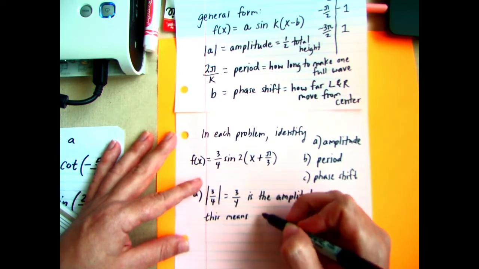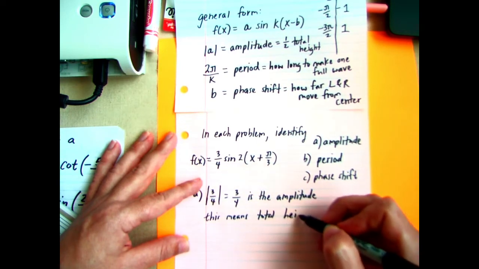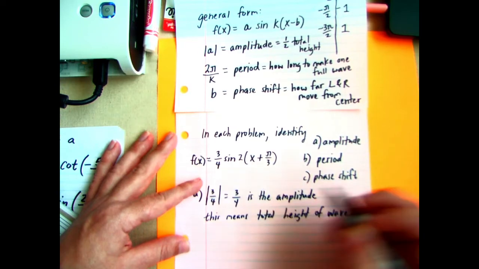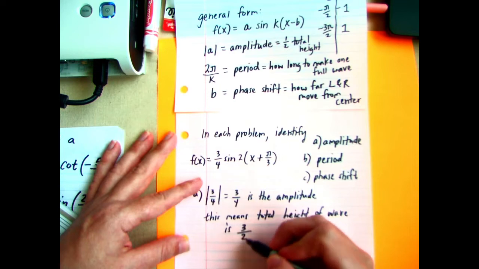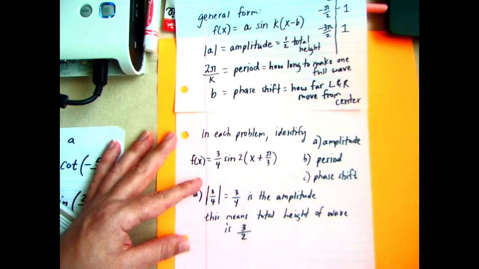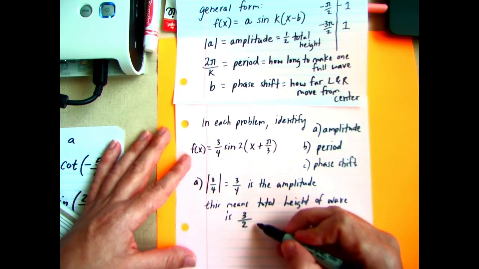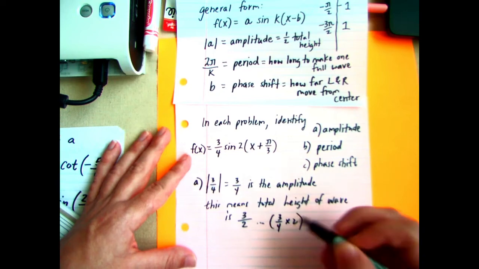If you were thinking about the total height, this means that the total height is 3/2, because 3/4 times 2 is 3/2. So the total height from very bottom to very top is 3/2.